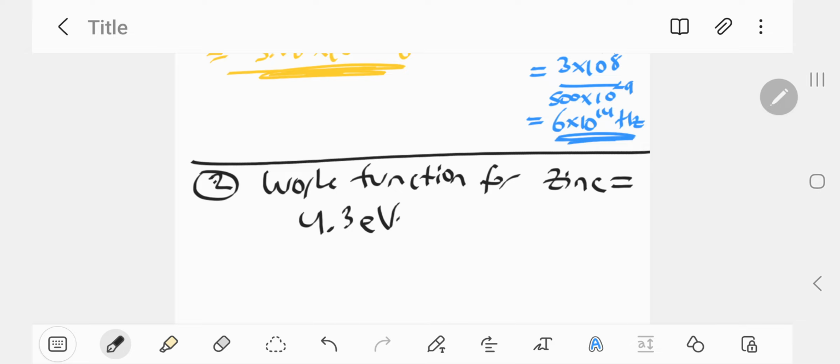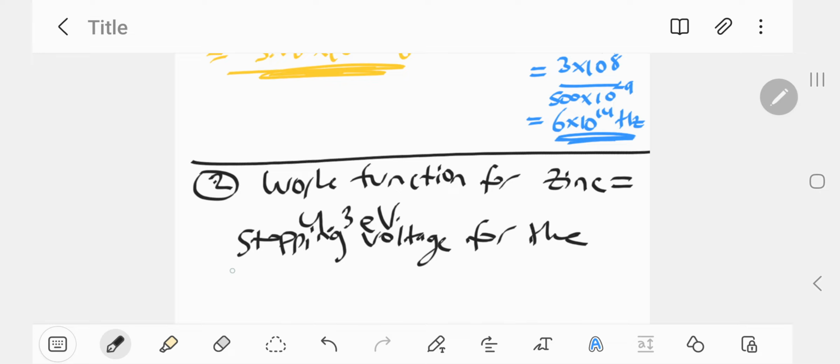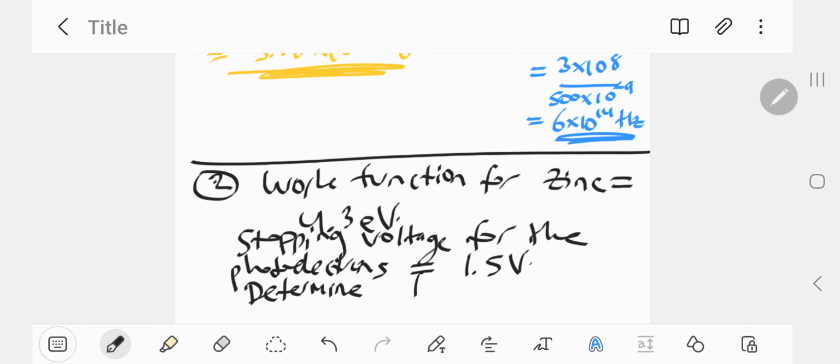And we need to work out the stopping voltage for the photoelectrons, let's suppose, 1.5 volts. And we need to determine the frequency of incident light.